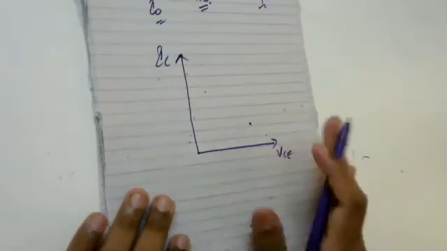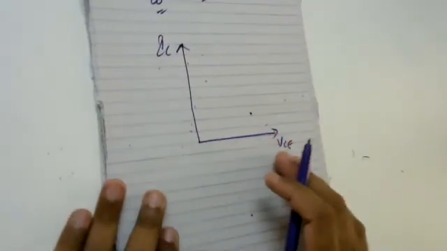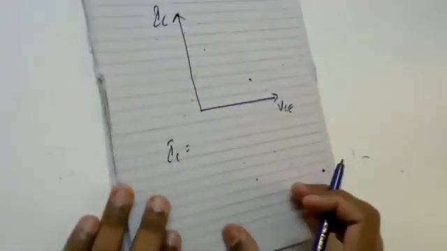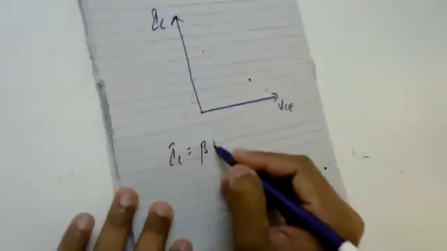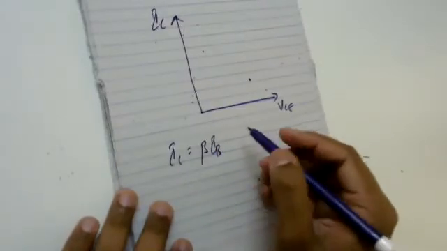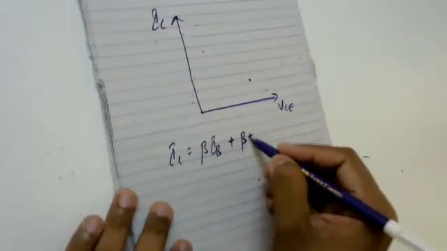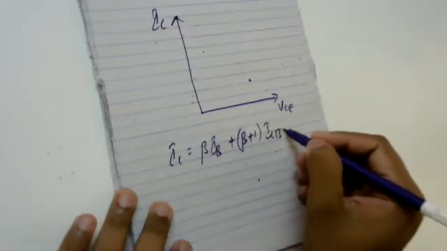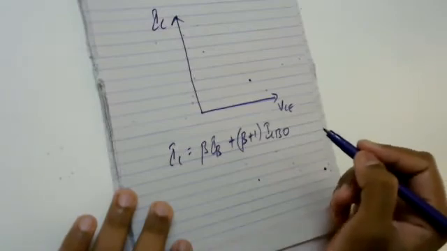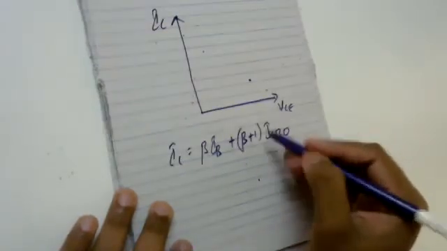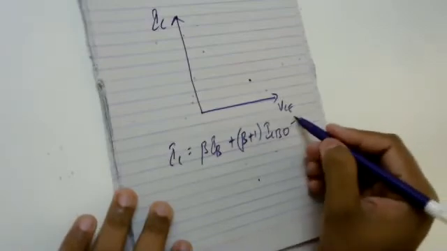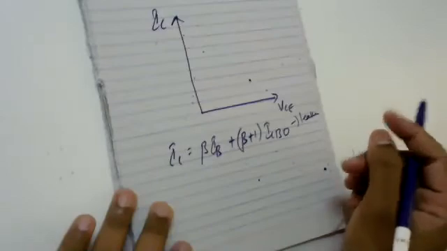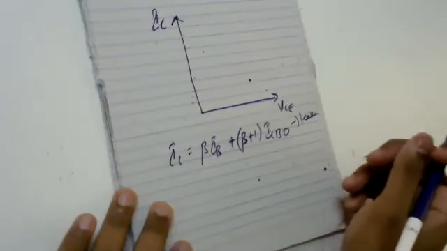Since we know the equation wherein IC equals beta times IB plus (beta plus 1) times ICB naught, where this ICB naught is talking about the leakage current.